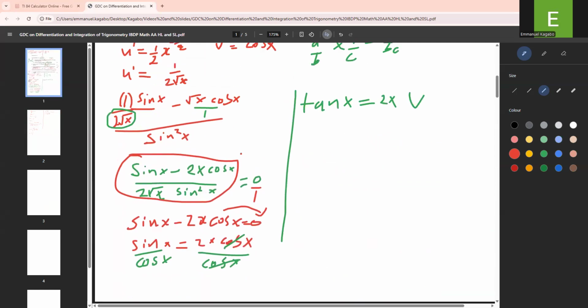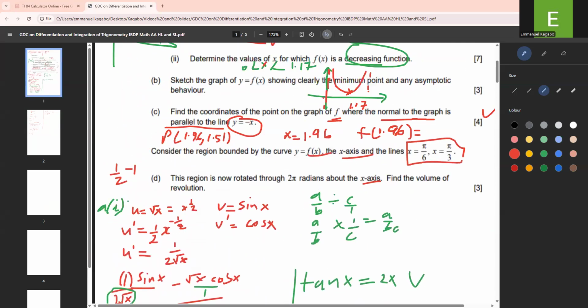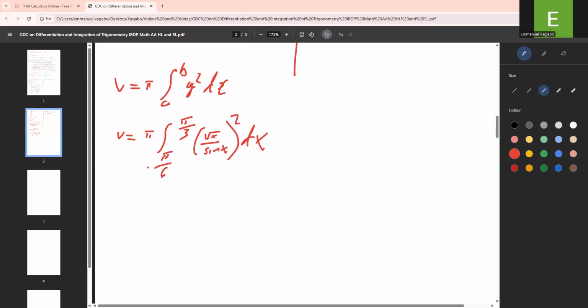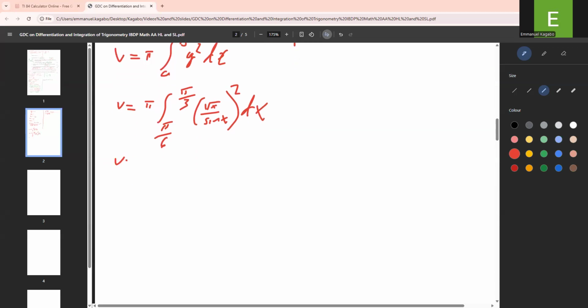Now in our context, V equals pi integration. If you check the limits, what did we have as the limits? They said pi over 6 and pi over 3. Now that means here it will be pi over 6, and then this is pi over 3, and then my y is the square root of x over sine x. That's our function, which is y. Then squared. Okay, do you get that? Then dx. Just tidying up things very fast, and then I do it in the GDC.